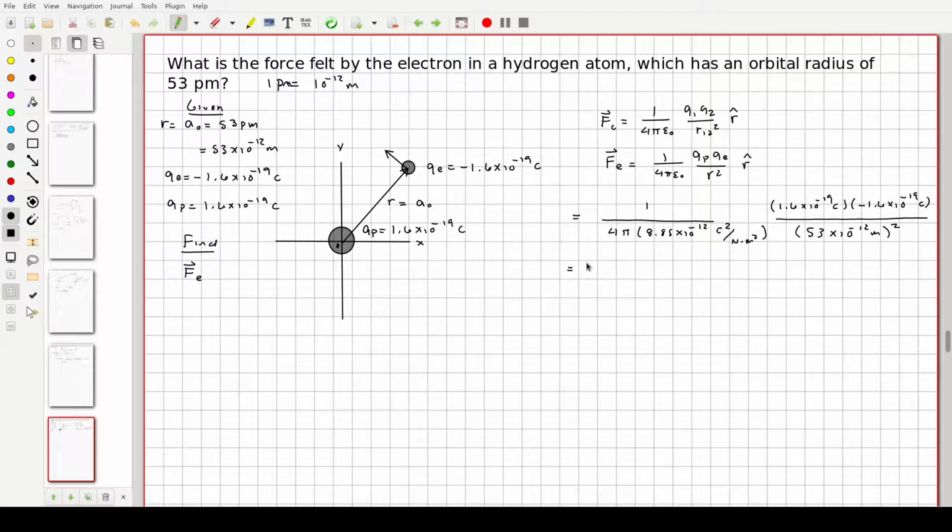So if you do the numbers here in the calculator, 1.6 times 10 to the minus 19th times 1.6 times 10 to the minus 19th, but negative. Let me insert that there.